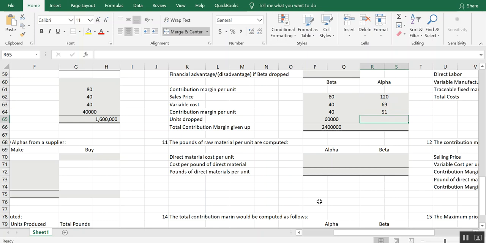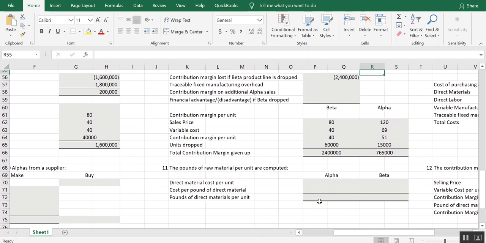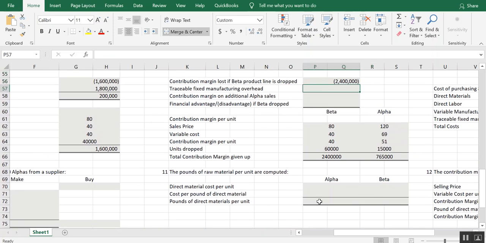We're not dropping these units, we're adding these units now because we're going to sell 15,000 more units. So these are going to be added. So we're going to multiply the 15,000 times 51. We get 765,000 that's added. So we're going to have additional contribution margin here of 765,000. Oh, wait a minute. I put that in the wrong place. 765.